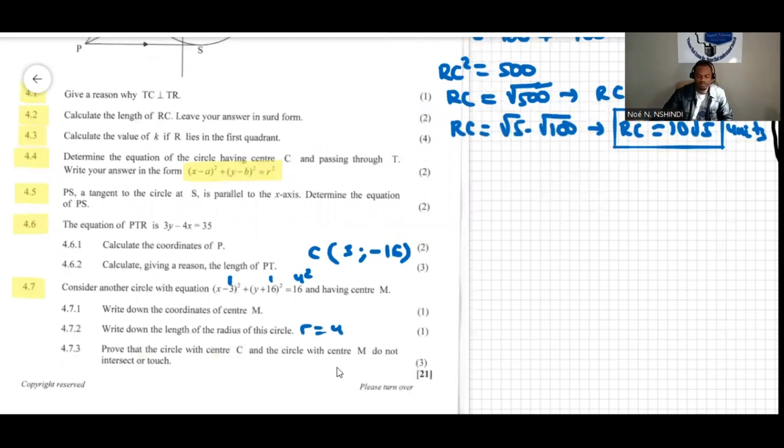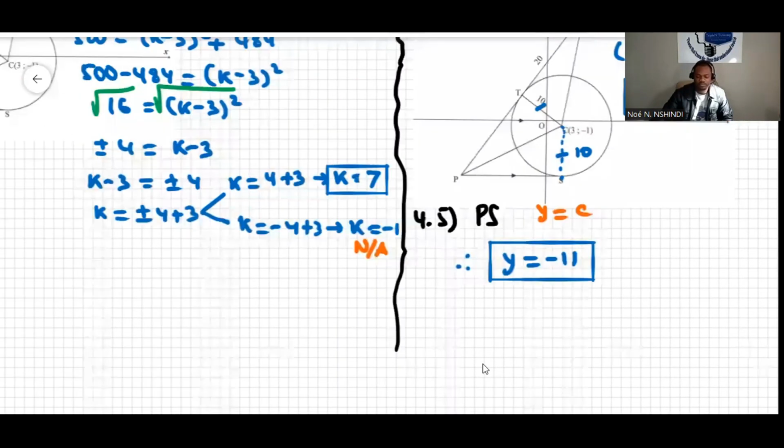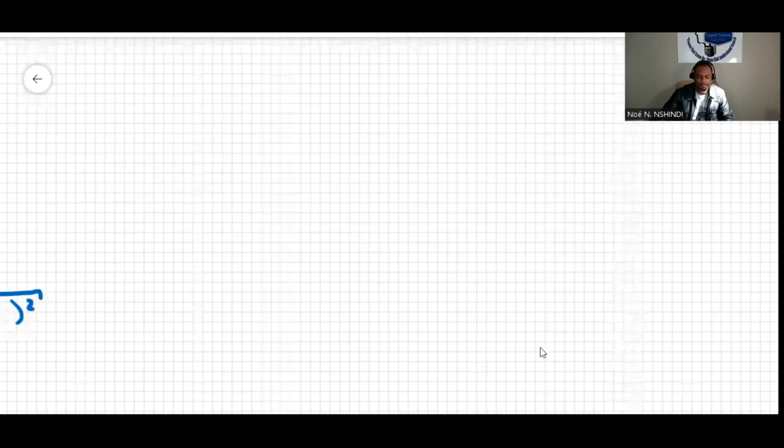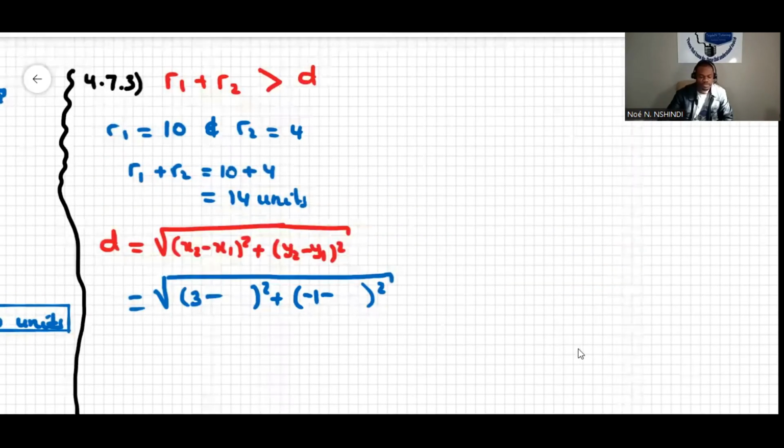So if we place them over here, 3 minus 3 is 0, so this will be 0 squared plus minus 1 plus 16 is 15, 15 squared. This is just the square root of 15 squared, which is 15.